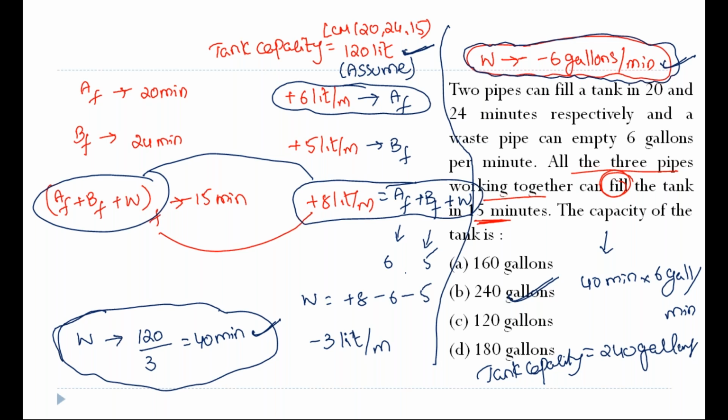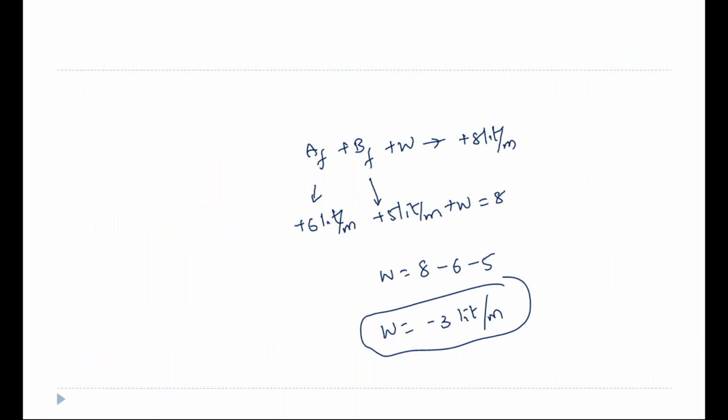Friends, see this, the alternate for this question. You came to know the waste pipe is emptying 3 liters per minute, right? Now listen, for tank capacity, the alternate method I am giving: tank capacity is 120 liters. In the question, the waste pipe is removing 6 gallons per minute.